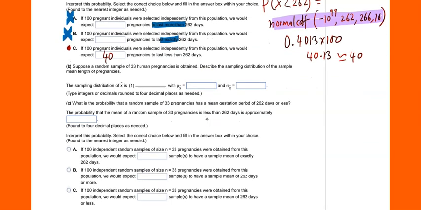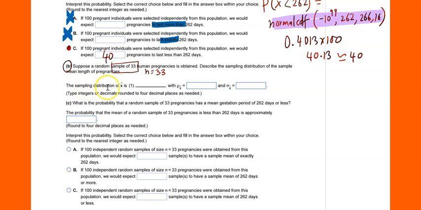Alright, look at part B. Suppose that a random sample of 33 human pregnancies is obtained. Listen, this is 33 here, sample size n equals 33. Now we are talking about the sampling distribution of the sample mean. The question is: describe the sampling distribution of the sample mean length of pregnancy.